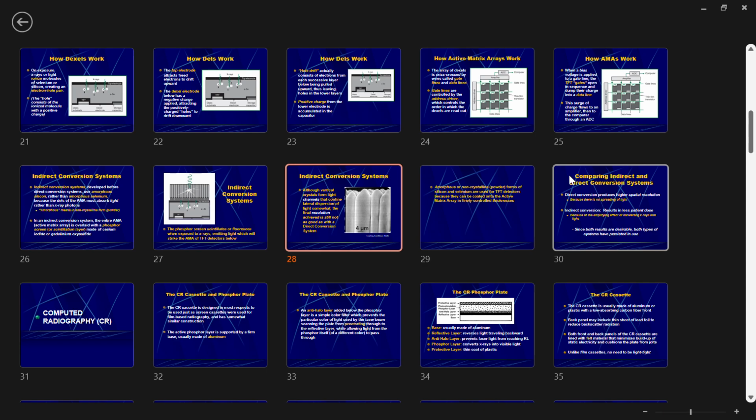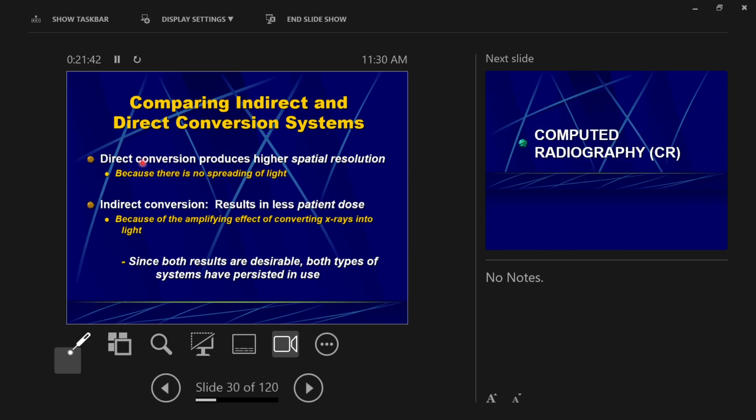So let's say that again in a different way, comparing them. Direct conversion produces higher spatial resolution because there is no spreading of light. X-rays just hit the detector. Indirect conversion lowers patient dose because there is an amplifying effect, okay?